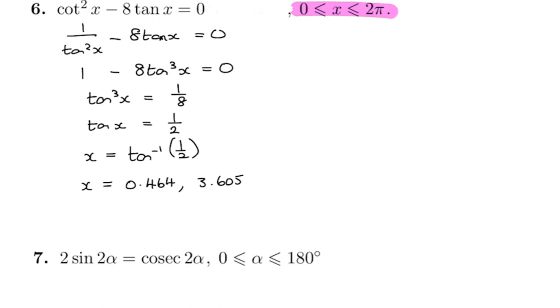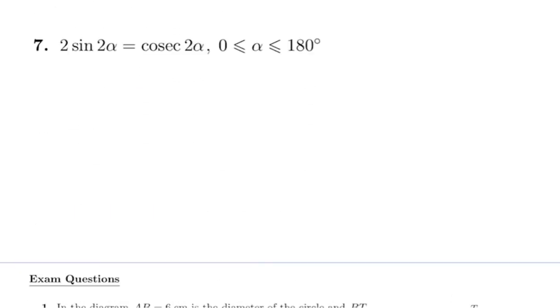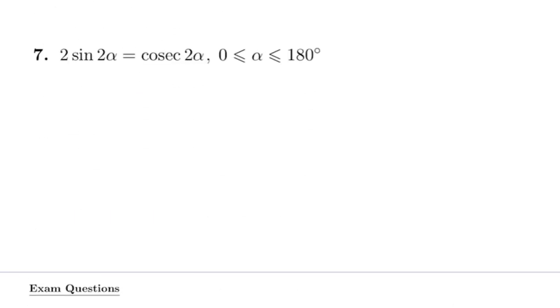Now, the very last question we're just going to have a little look at. Okay. And this one again, I'm going to start you off on this one again. You can check your answers. Be very careful. The angle is 2 alpha, and we want solutions for alpha. We're working in degrees.